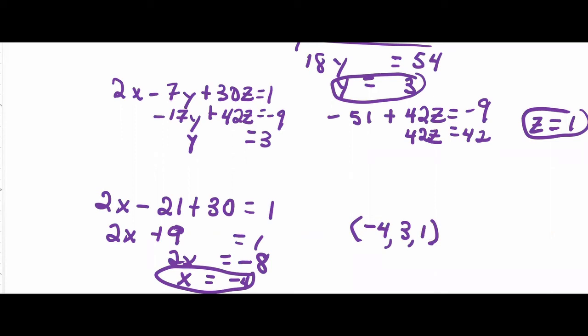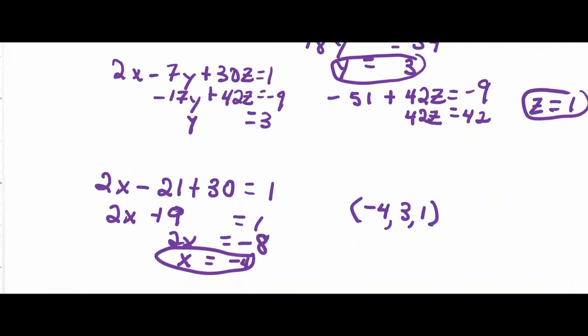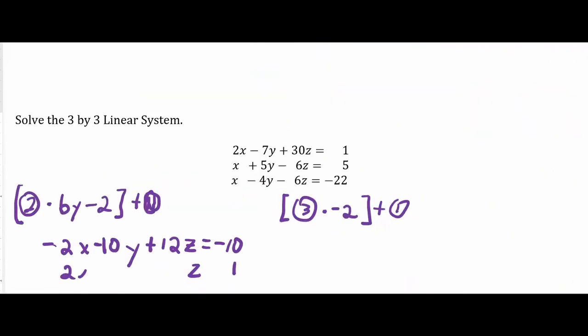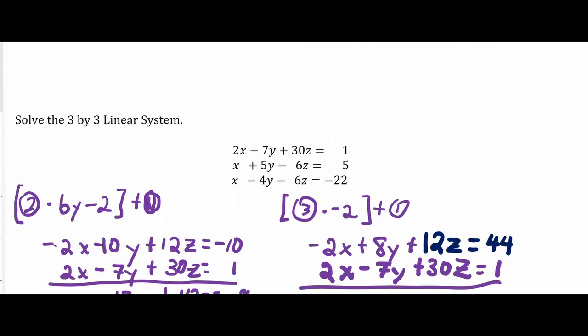And it'd be worth going back to the original system to check. In equation 1, well, we just used that to get the value of x. So let's check with equations 2 and 3. Again, our solution here was supposed to be -4, 3, 1. So on that second equation, 5 times 3 is 15. 6 times 1 is 6.